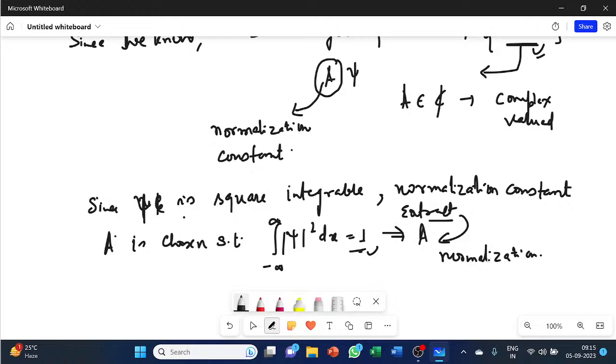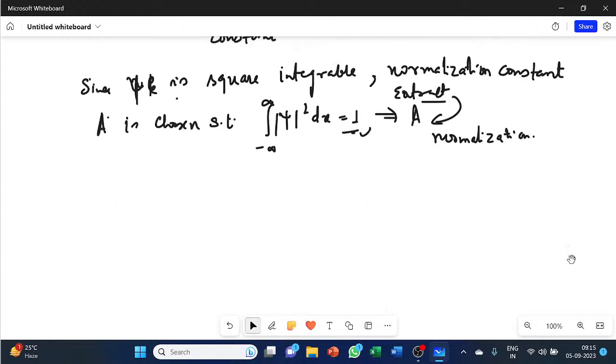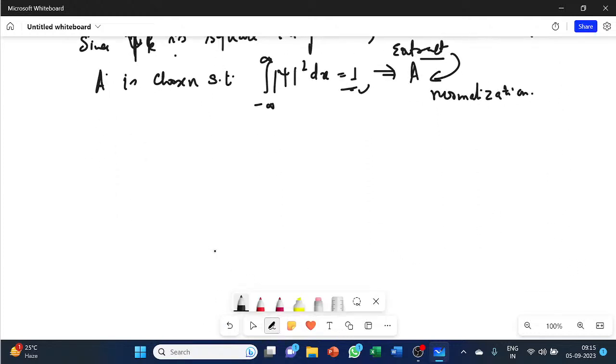Okay, is that clear till now? Now you see, there are certain constraints, or certain conditions, which are required for psi. What are the conditions for a physically realizable wave function?